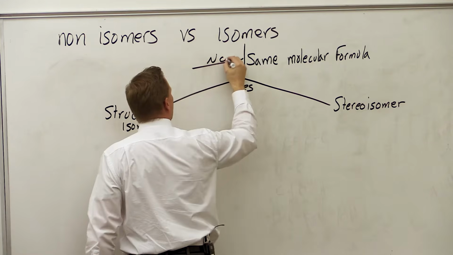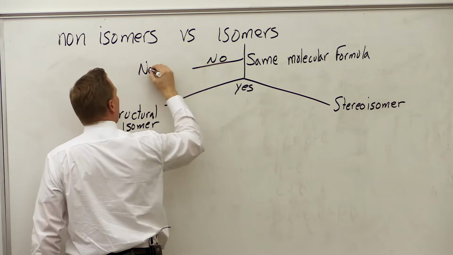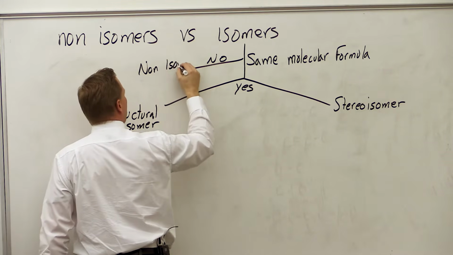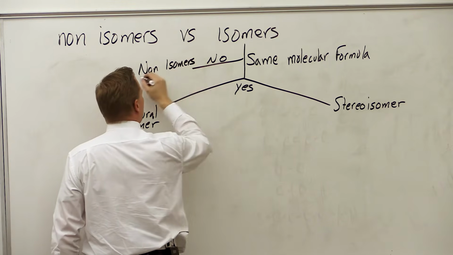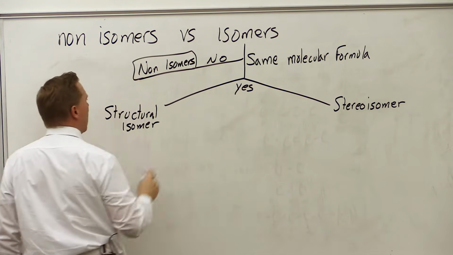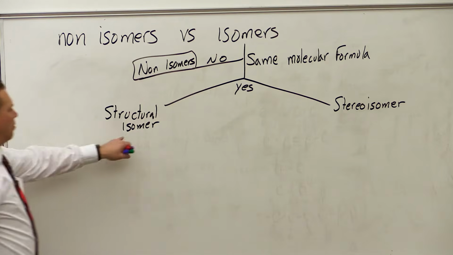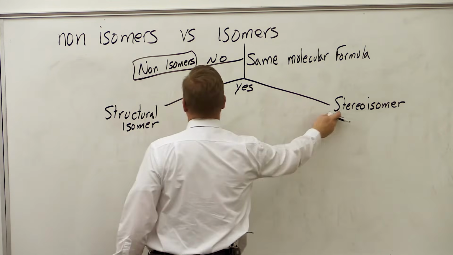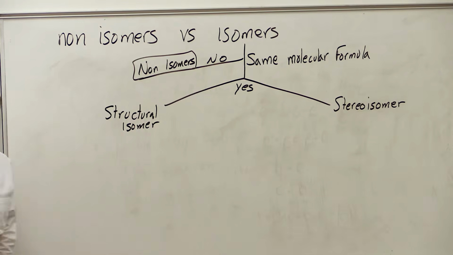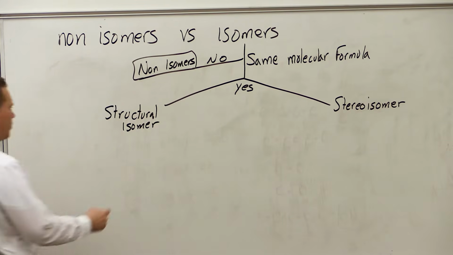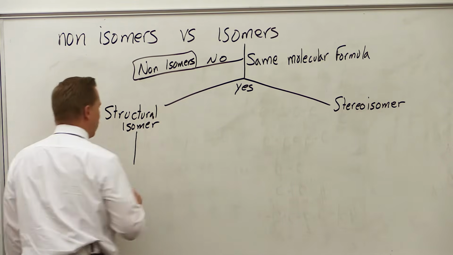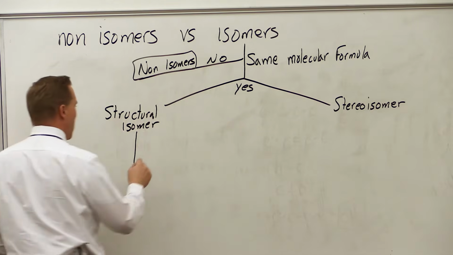And if our answer is no, then we would have non-isomers. They would not be related. Now, let's talk about the definition of stereoisomers and structural isomers. Structural isomers, what do we ask?